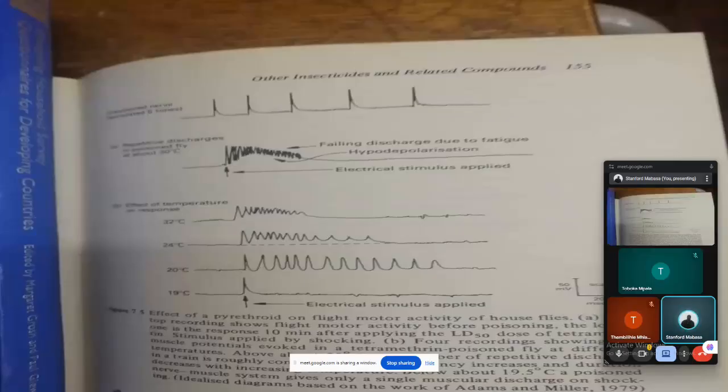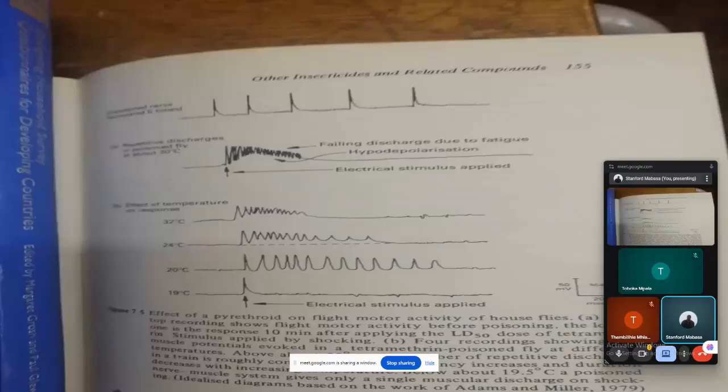Again, we can show this using those graphs. The first graph shows a normal transmission of a message, but in the second one, there could be excitation due to the presence of the insecticide.